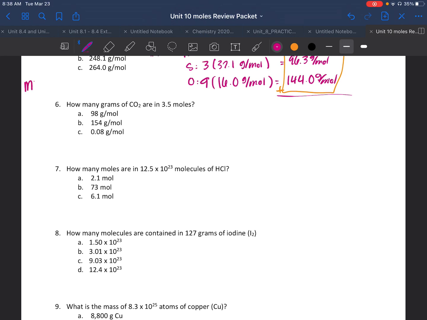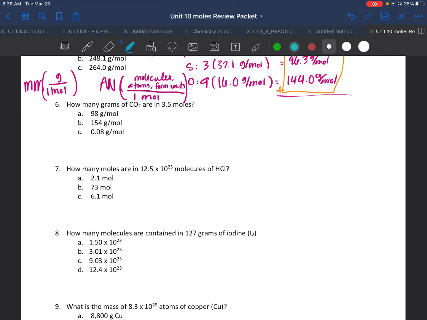You have your molar mass, which has units of grams per mole, and you have Avogadro's number, which has units of molecules, atoms, or formula units per 1 mole. So it's going to be up to you to decide, are you using Avogadro's number or molar mass? So the key is the units that we see here.